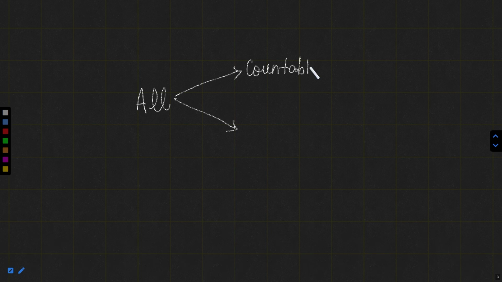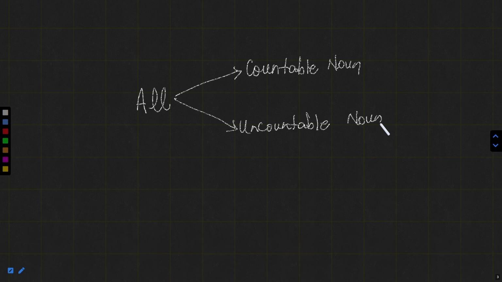I have already told you about countable and uncountable nouns in the chapter of noun itself. Countable nouns are the nouns that can be counted in terms of 1, 2, 3 and so on. But uncountable nouns are the ones which we can measure, but we cannot count them in terms of 1, 2, 3, 4 and so on.